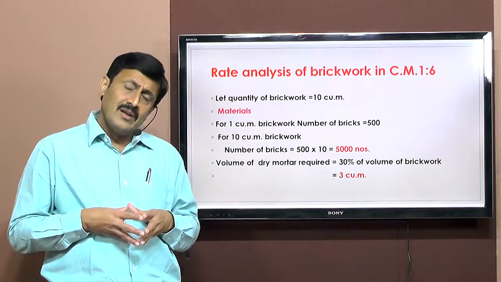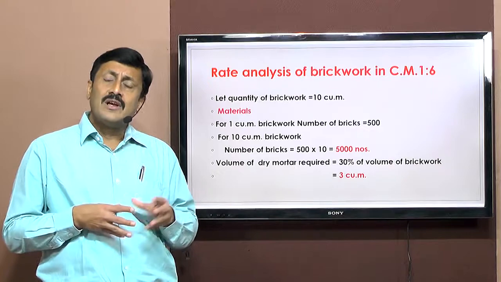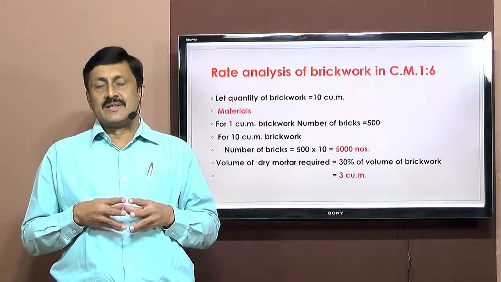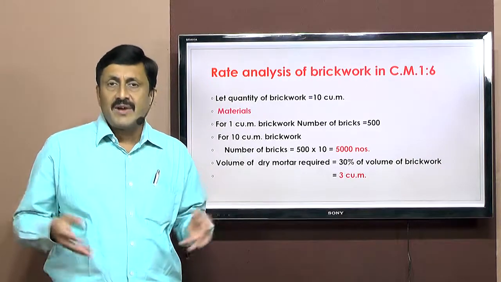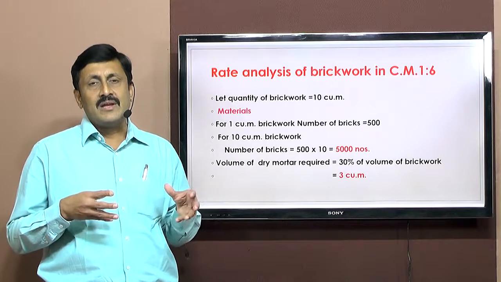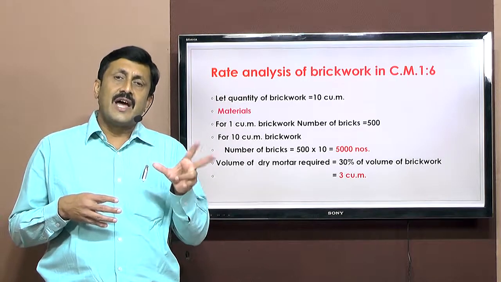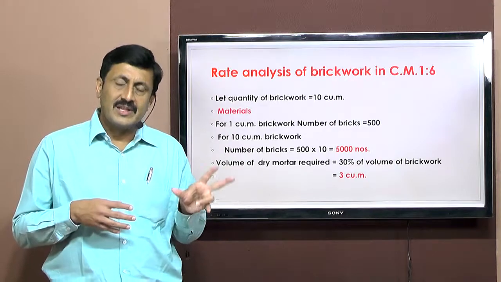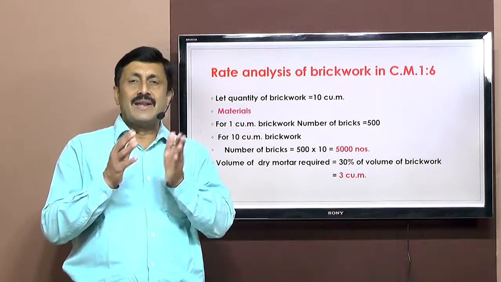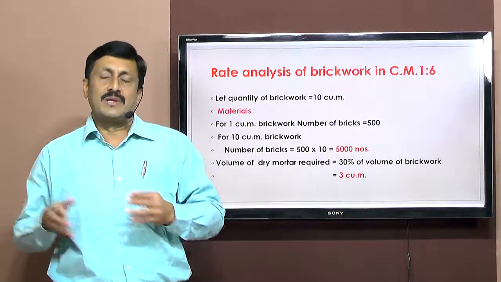Now all of you know that 1 cubic meter brickwork requires 500 bricks. How this 500 bricks? Because normally if you consider standard dimensions of one brick, they are 19 centimeters by 9 centimeters by 9 centimeters.